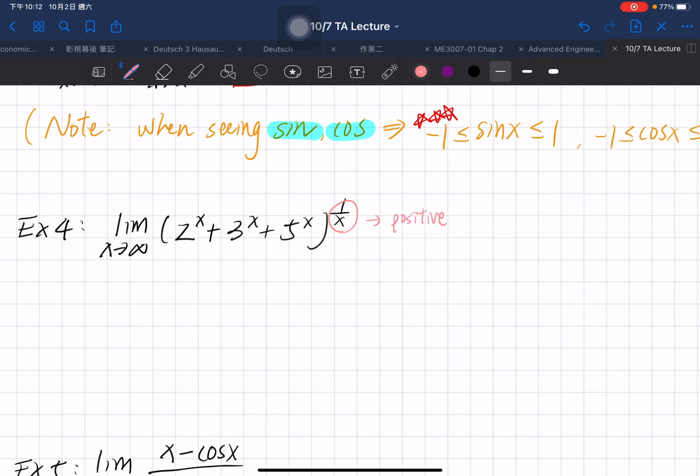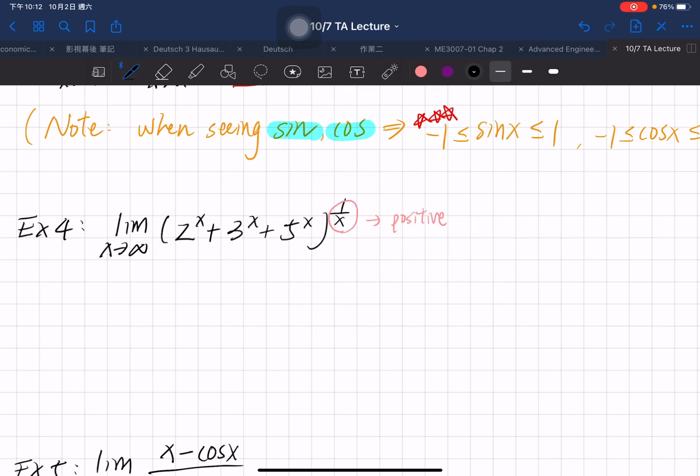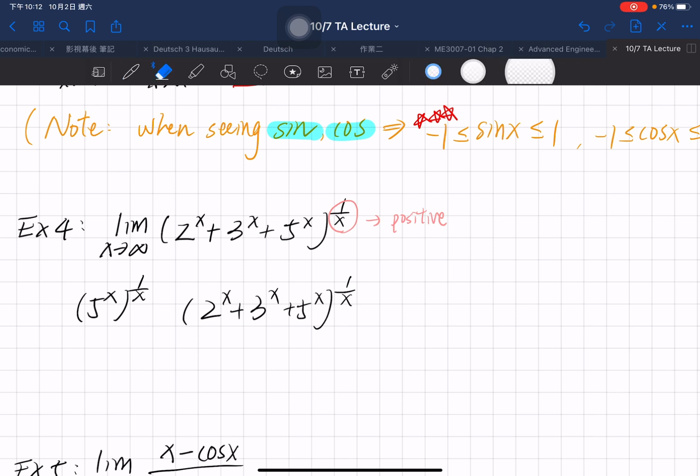When we take 2 and 3 out, it will definitely be smaller than this whole number. So our lower bound will be 5 with the x power, to the 1 over x power. And in the middle is what we want to find out, this ugly term.